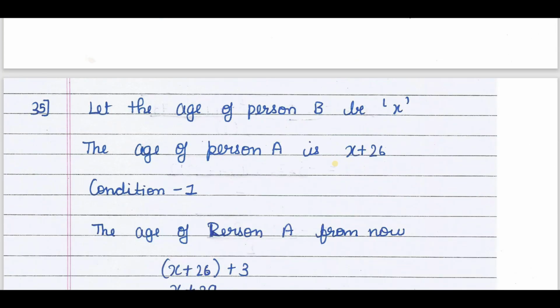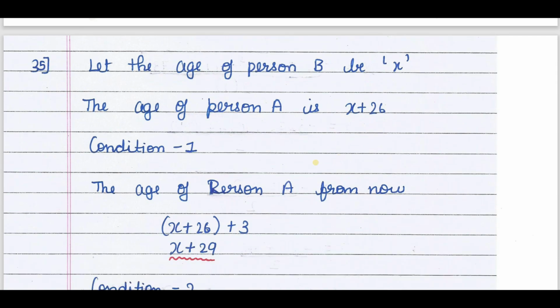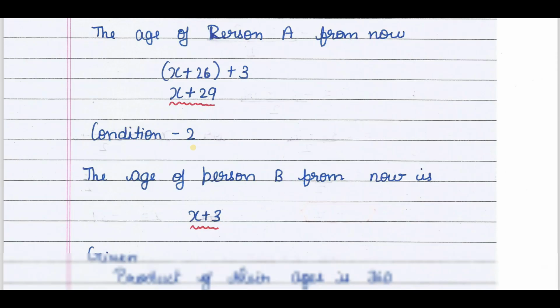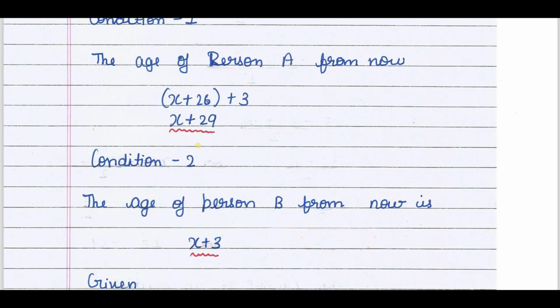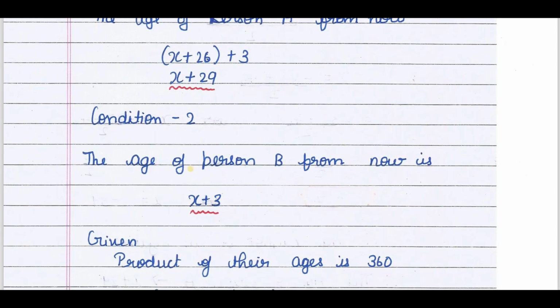Or question: let the age of person A be x, then the age of person B is what? x plus 26. Given the condition, the age of person A from now is x plus 21 and the age of person B from now after 3 years is x plus 3.